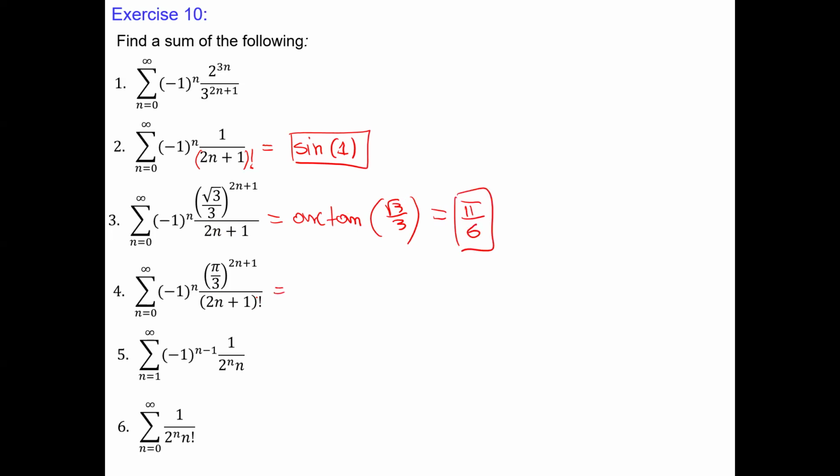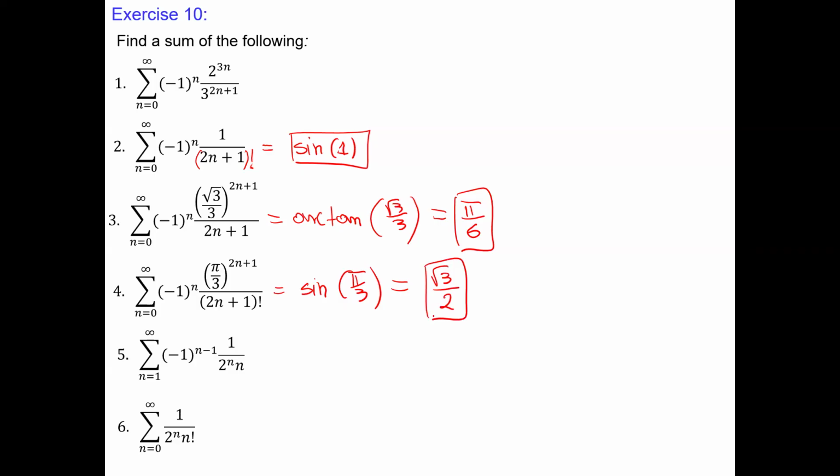This one is again 2n plus 1, everything matches, factorial, sine of pi over 3. Sine of 60 is square root of 3 over 2. We know the unit circle.